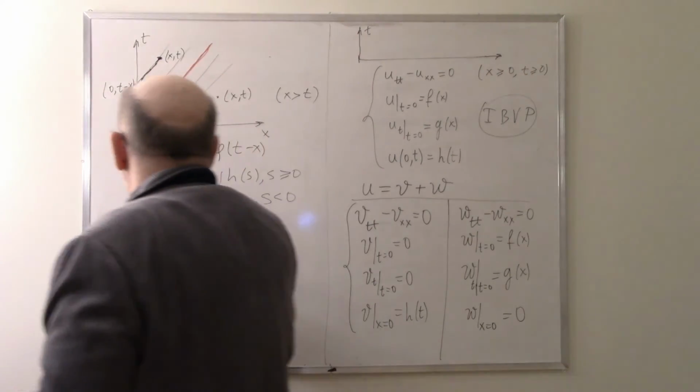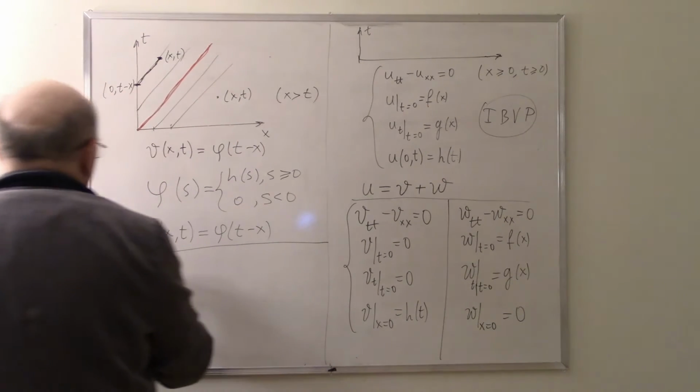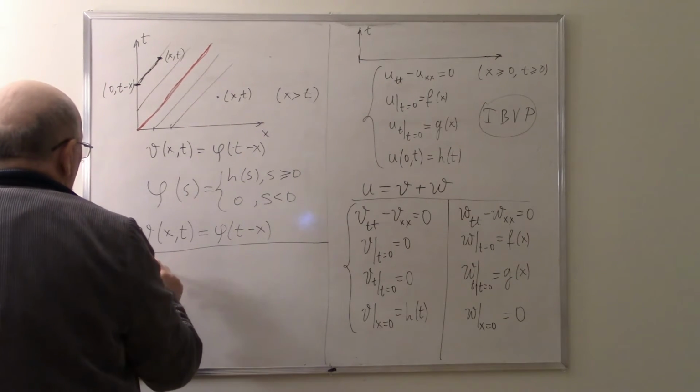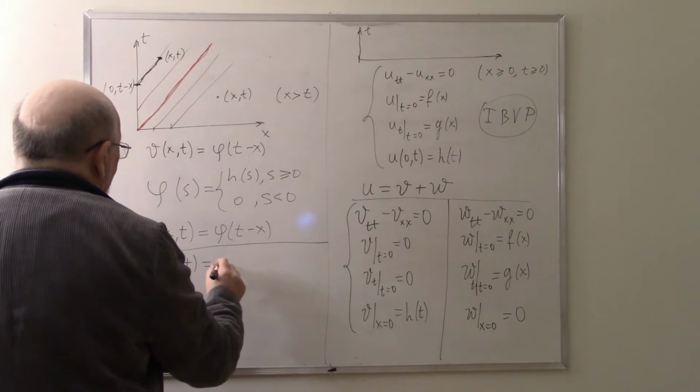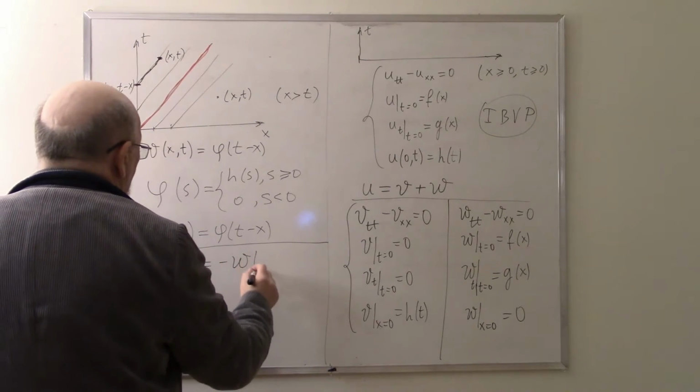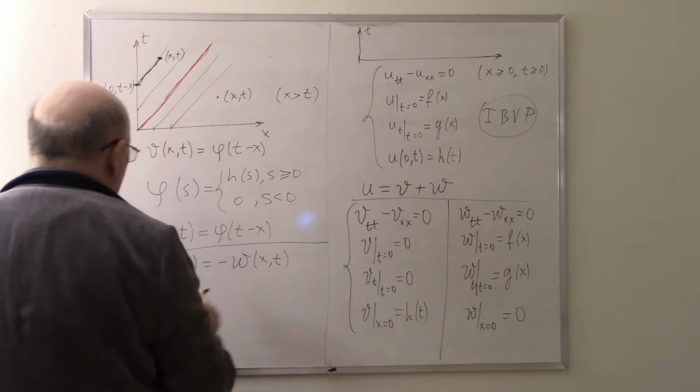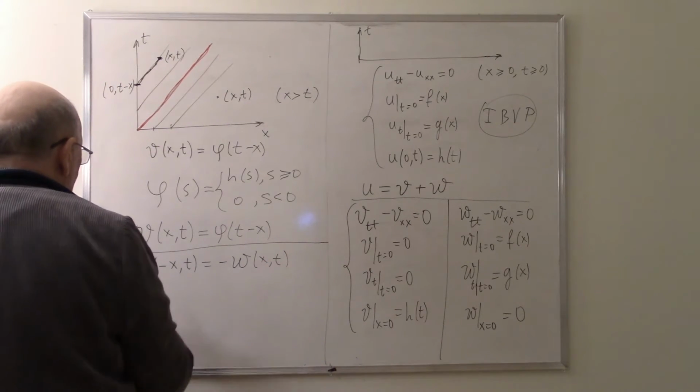So w of minus x, t equals minus w of x, t.